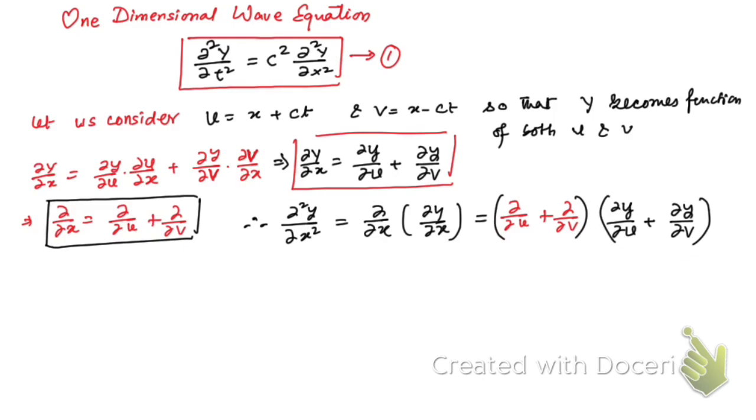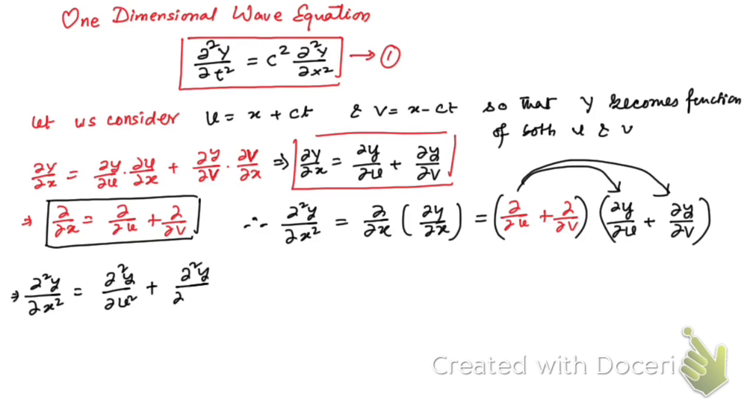Then the second order derivative of y with respect to x is equal to: operating this one by this, second order derivative of y with respect to u; then this one by this, second order derivative del 2y by del u del v; then again this one with this one, again del 2y by del u del v.